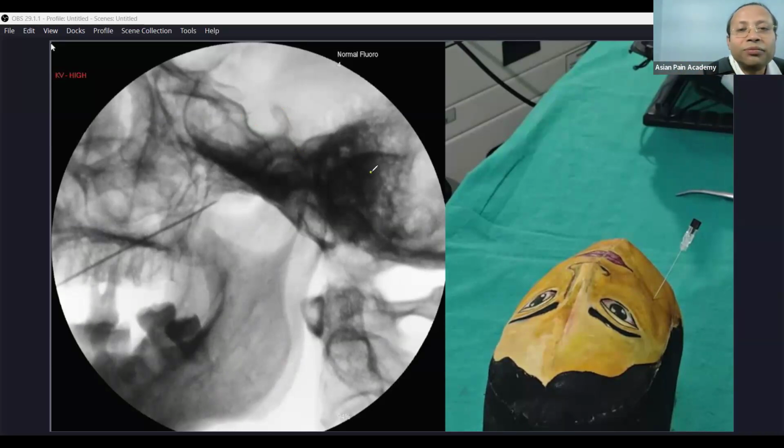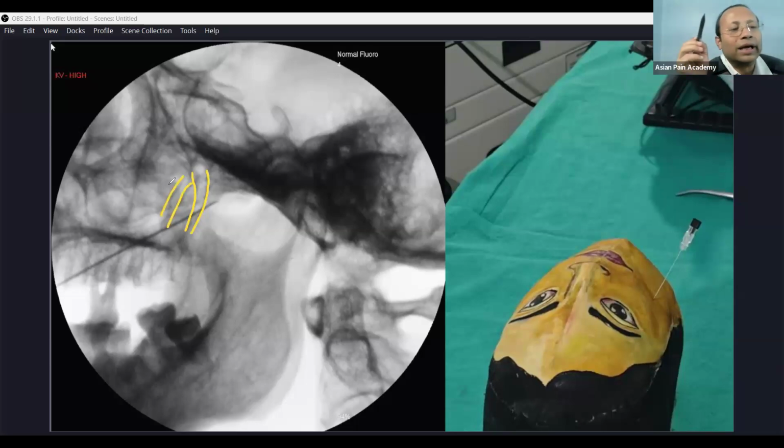Sometimes the external auditory meatus also should be one line. Pterygopalatine fossa is also an important structure, and this also can be one line. You cannot overlap all these things together. Sometimes it is not possible to make all of them one to see a true lateral view. So at present we are interested in the petroclival junction.